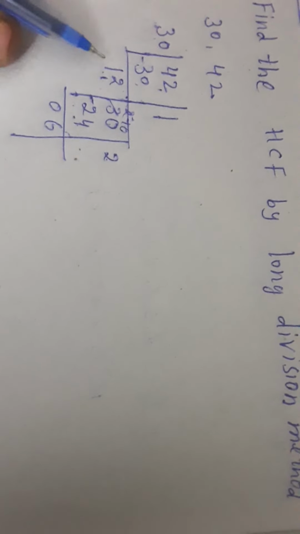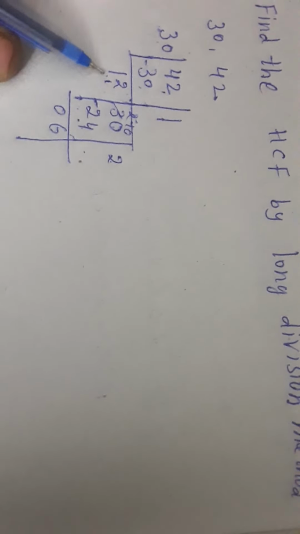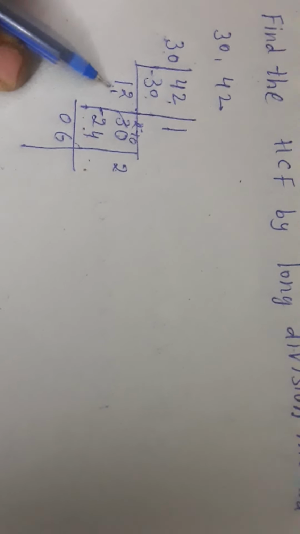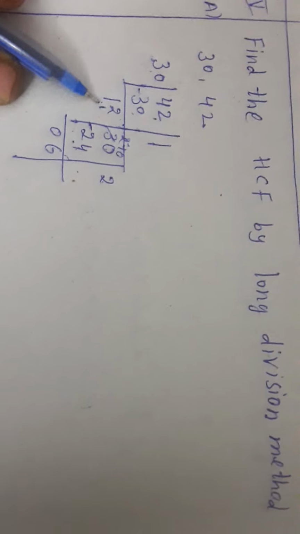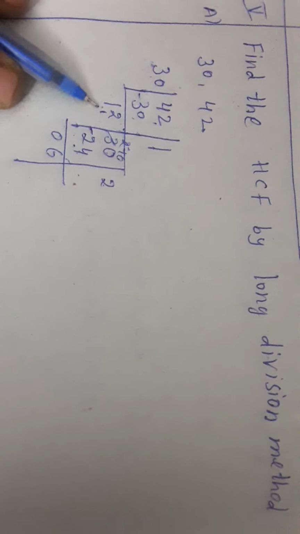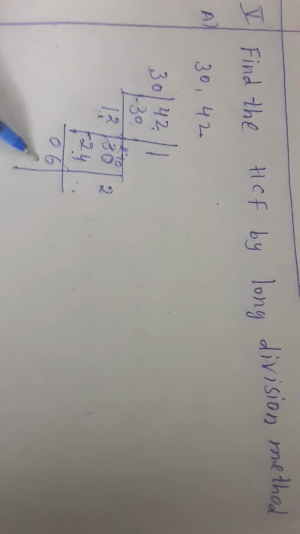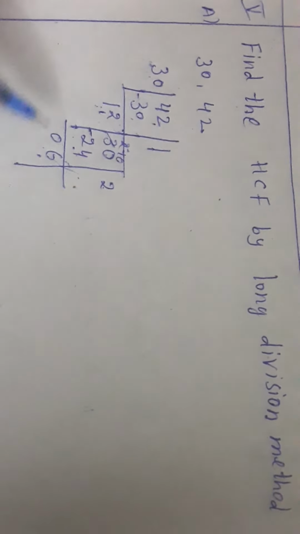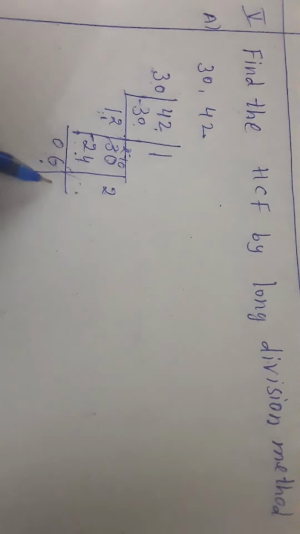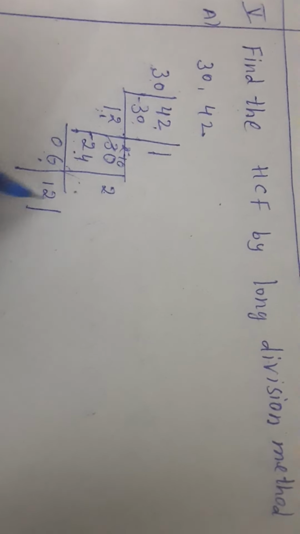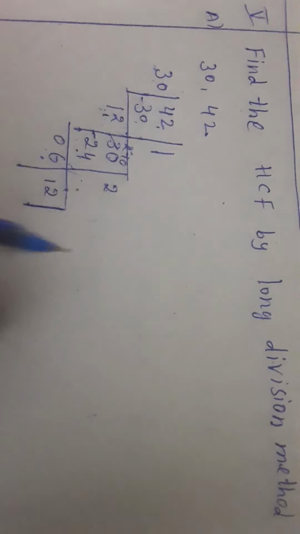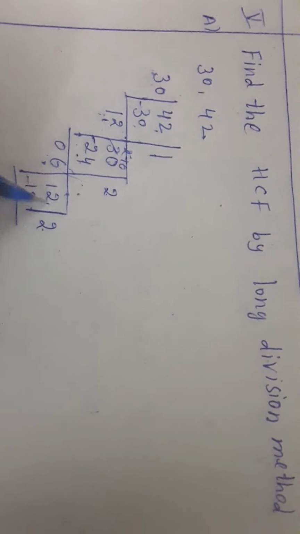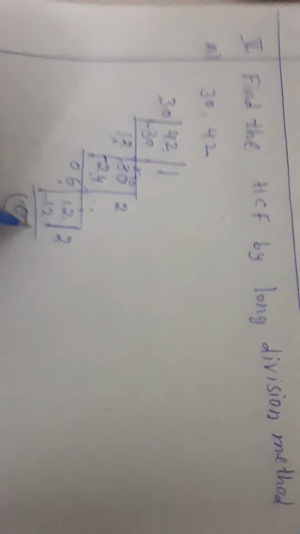Here we have 12 as the second divisor and 6 as the second remainder. Now divide 12 by 6. 2 6s are 12. 12 minus 12 is 0.